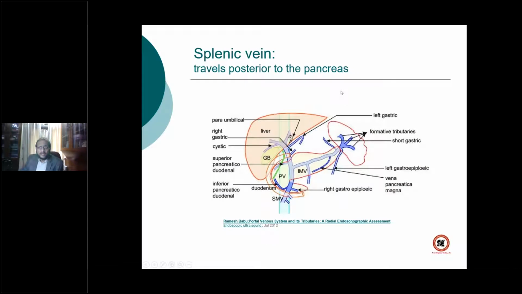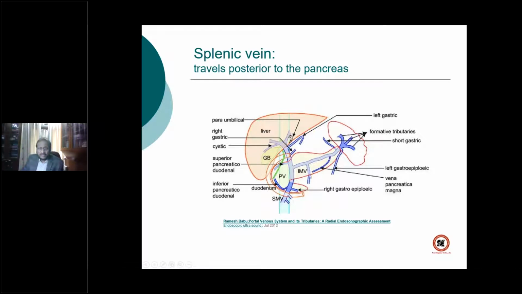Now coming to the splenic vein, the formative tributaries accompany the splenic artery. They form the splenic vein, and from there you again receive the corresponding veins, that means the gastroepiploic and the short gastric, and ultimately you form the splenic vein, which is more posteriorly and inferiorly situated than the splenic artery. See the figure? It is more posteriorly situated. The splenic artery is somewhere here. The vein is slightly more posterior, right?